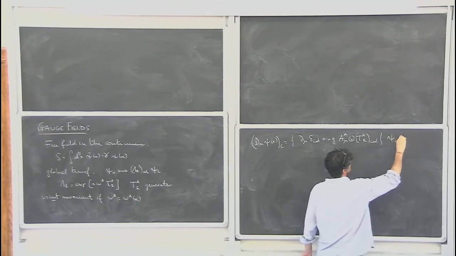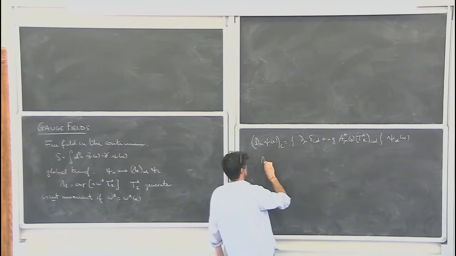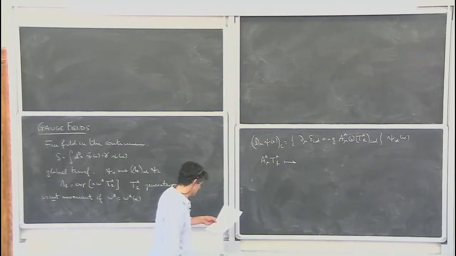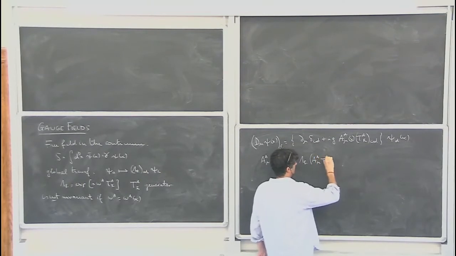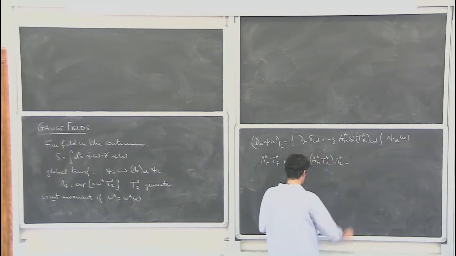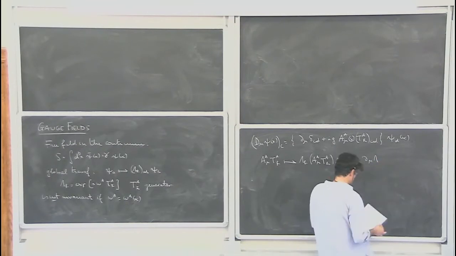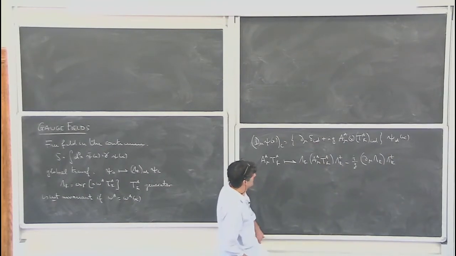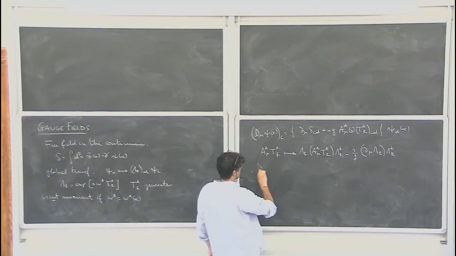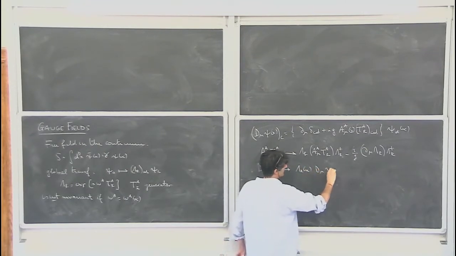And now, if you transform A mu under gauge transformations in the following way, then you're guaranteed that under local transformations, D mu psi goes into lambda of x, D mu psi of x.